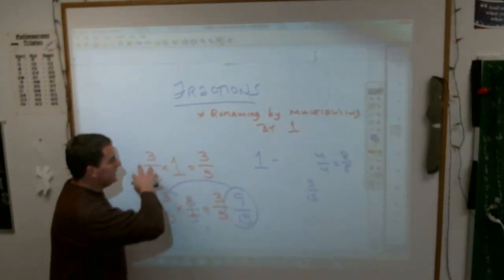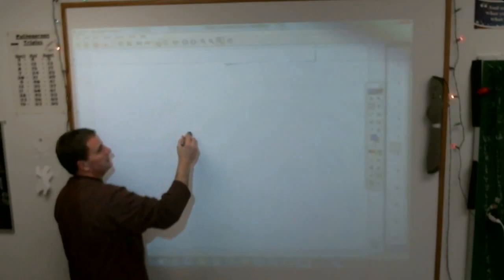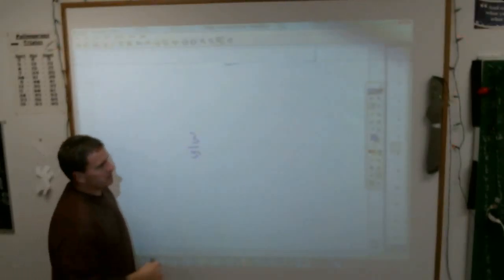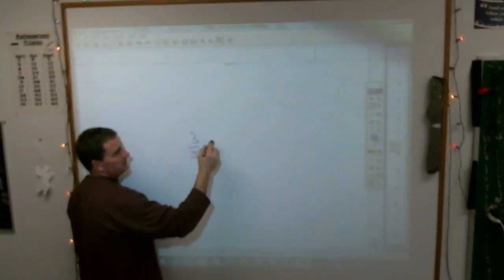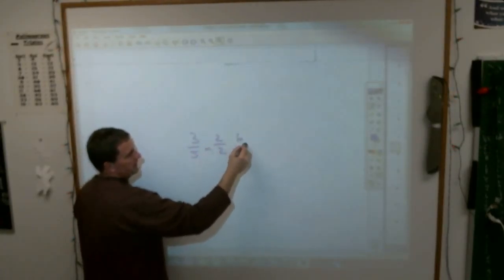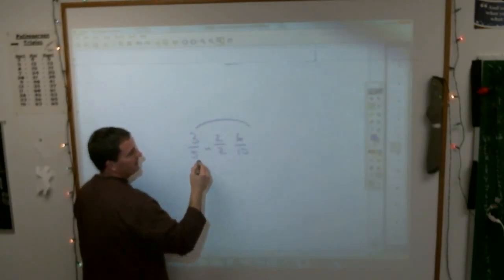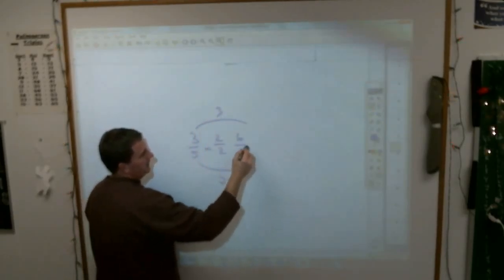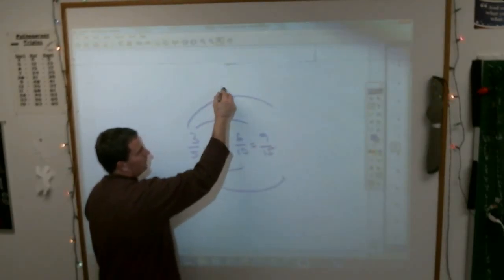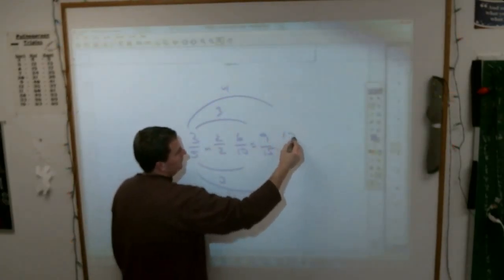Which means to any fraction, I could make endless equal fractions because I could multiply them by 2 over 2 and get 6/10. I could multiply by 3 over 3 and get 9/15, or by 4 over 4 and get 12 over 20.